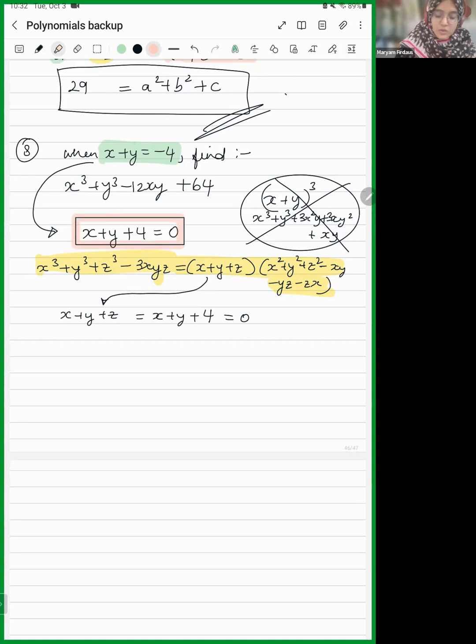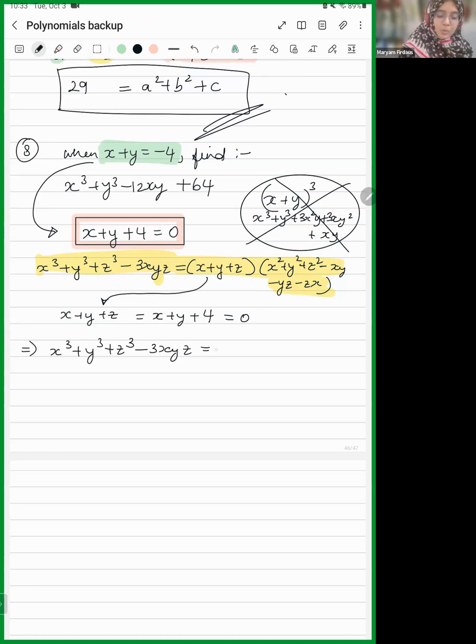We have just changed the equation a little bit. So this is equal to 0, given x plus y plus z is 0. So if this part of the equation is 0, the entire RHS is becoming 0. So that means LHS will also be 0. That means x cube plus y cube plus z cube minus 3xyz will also be 0.